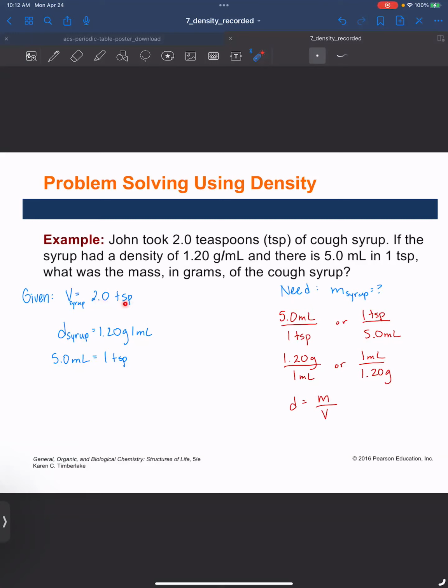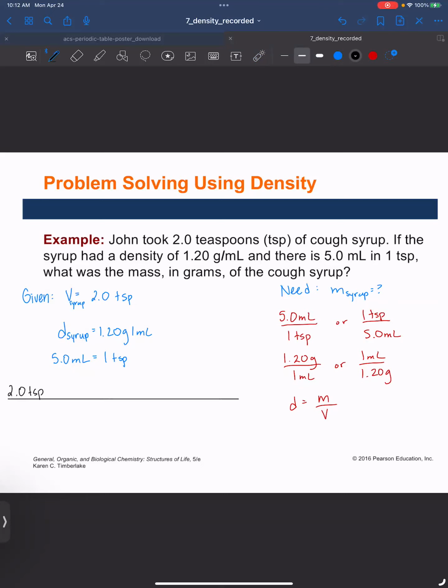So 2 teaspoons. Whereas we can see here that density has 2 different units, and this equality of milliliters to teaspoons is also 2 different units. So when we start our dimensional analysis, start with the given value that is a single unit. And it will guide our way.